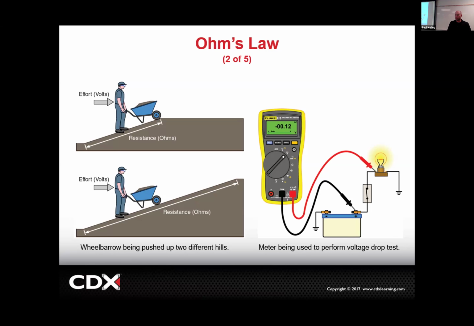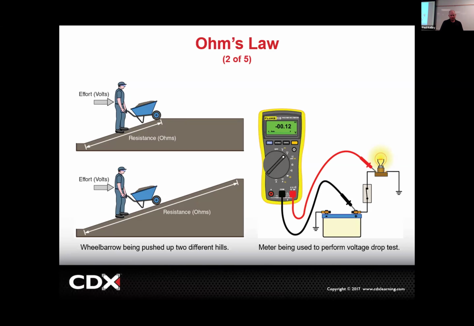Our actual source of voltage being the battery, or if it's running, technically kind of the alternator, right? But we'll keep it simple at the battery. So we're mostly worried about the resistance that changes in the circuit because that's outside factors: corrosion, damaged wiring, mice chewed the wires, these types of things.